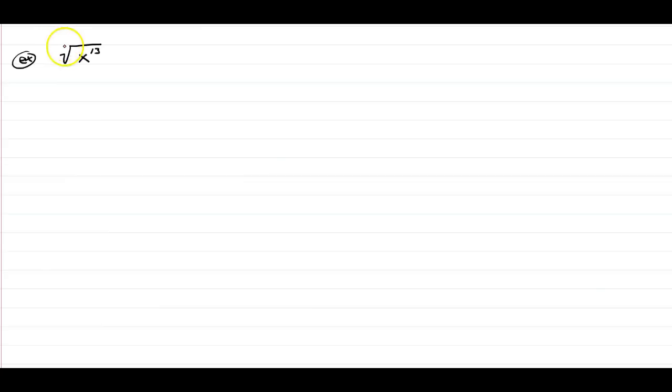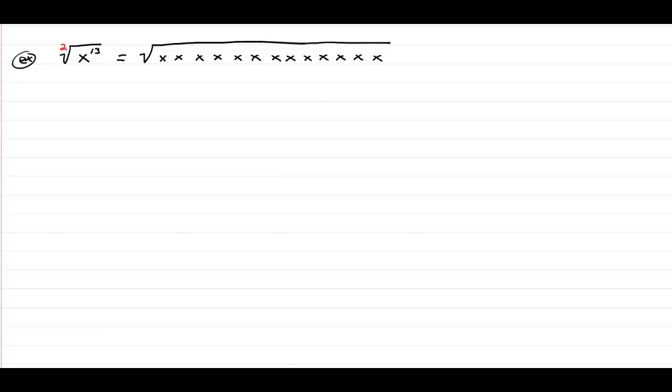Alright, so our next example is a square root. You could always just expand it and write x 13 times. Or you could think about it as x squared times x squared times x squared until your exponents add to 13.